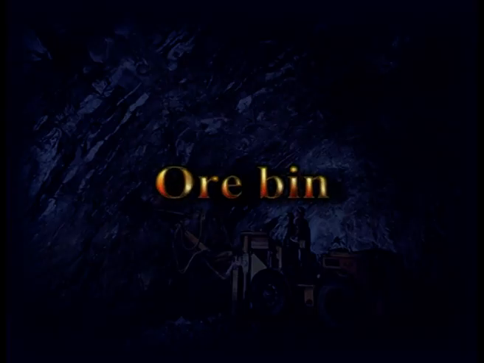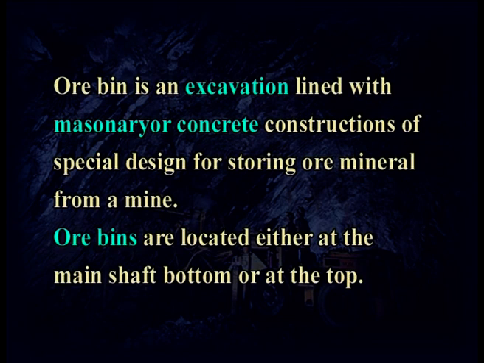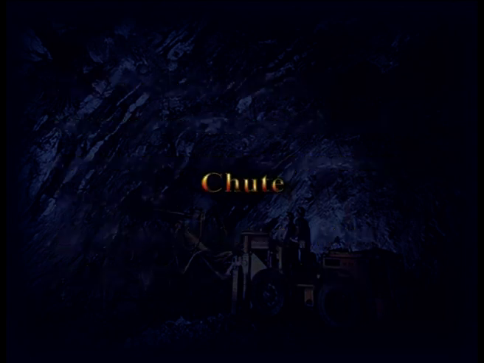Ore bin. Ore bin is an excavation lined with masonry or concrete constructions of special design for storing ore minerals from a mine. Ore bins are located either at the main shaft bottom or at the top. Chute. It is a lip or a small channel-shaped projection at the bottom of the ore storage bin.